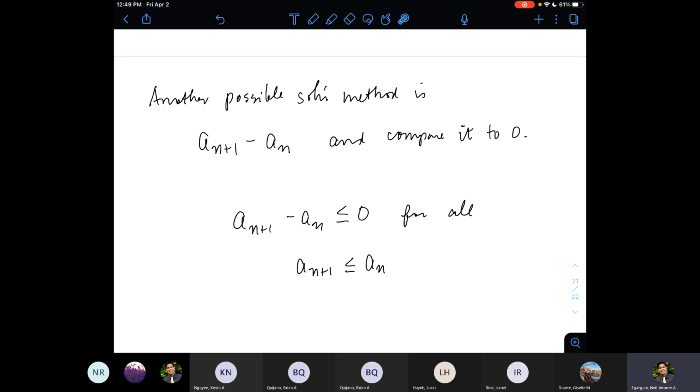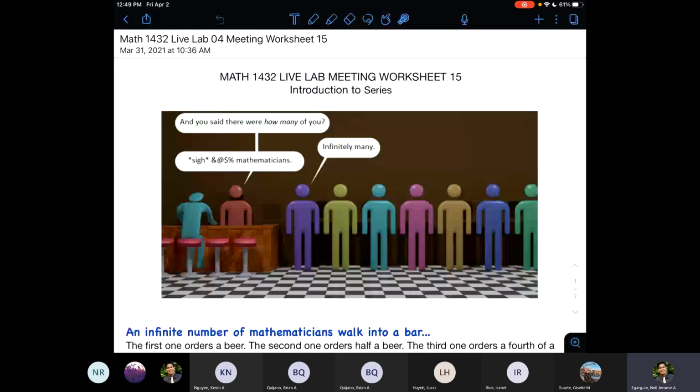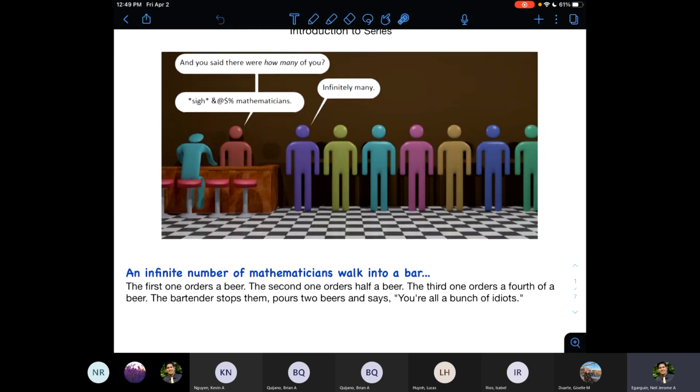Now I have probably a minute. I'll take a peek at worksheet 15 and do an introduction about series. I'd like to start with a joke, or a meme. An infinite number of mathematicians walk into a bar, and the first orders a beer. The second one orders half a beer. The third one orders a fourth of a beer.